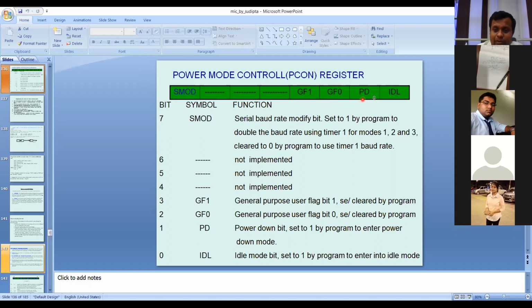This is called power down mode. This is called idle mode. PD is called power down mode. If this bit is set, it is power down mode, and if this bit is set, it is idle mode. What is the power down mode and what is the idle mode? Idle mode is like your mobile phone, like my mobile phone now. It's just a sleeping mode. I am not doing anything.